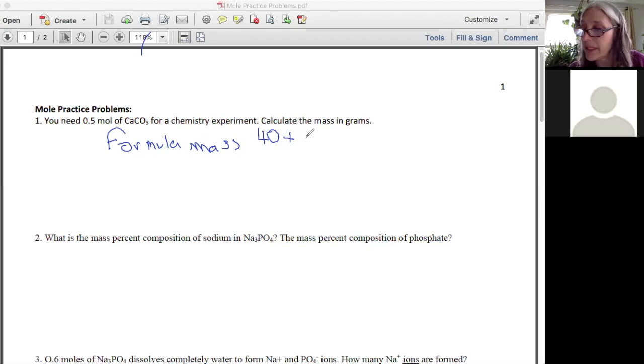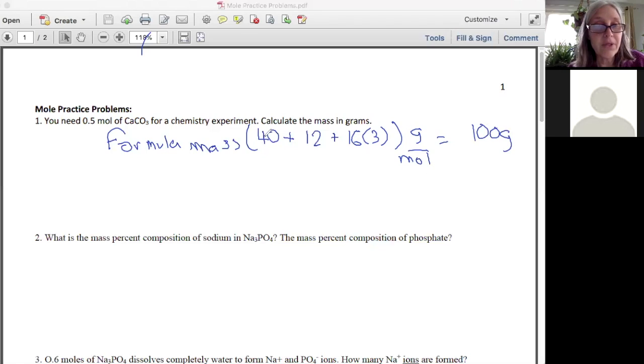Carbon is 12 grams per mole, and there's one of them. Oxygen is 16, and there are 3 of them. I'll put in parentheses that it's in grams per mole, so I know what my units are. When we add that all together, this is 100 grams.